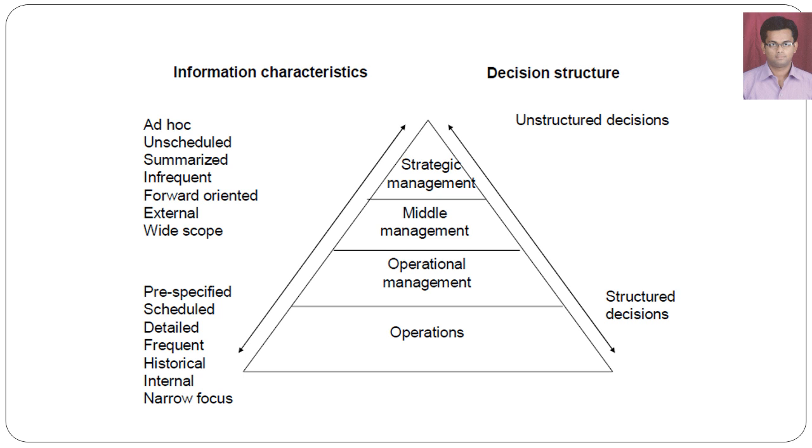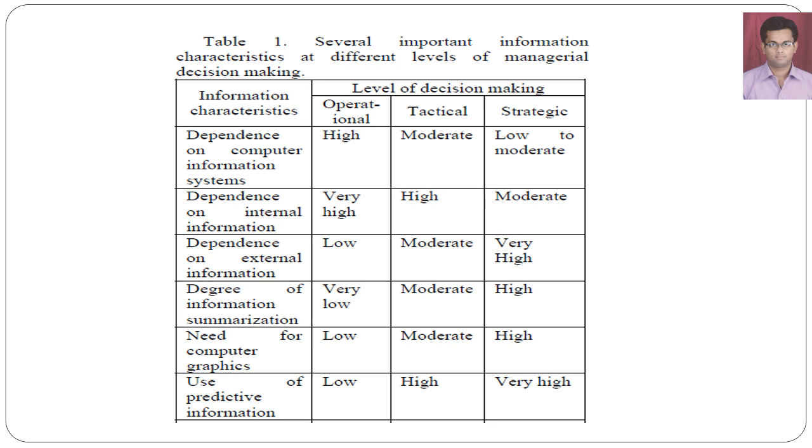Simultaneously, the strategic management descends into operational management if we go from top to bottom, and if we go from bottom up, then operational management enters into strategic level, and this way this diagram can be easily understood in the form of this pyramid or a triangle with respect to information characteristics and the decision structure.